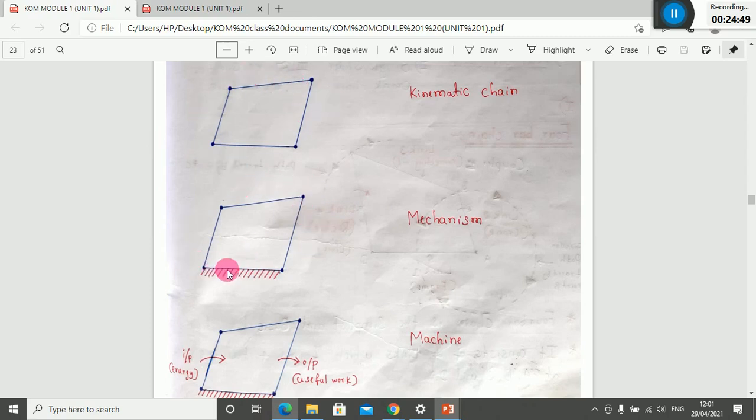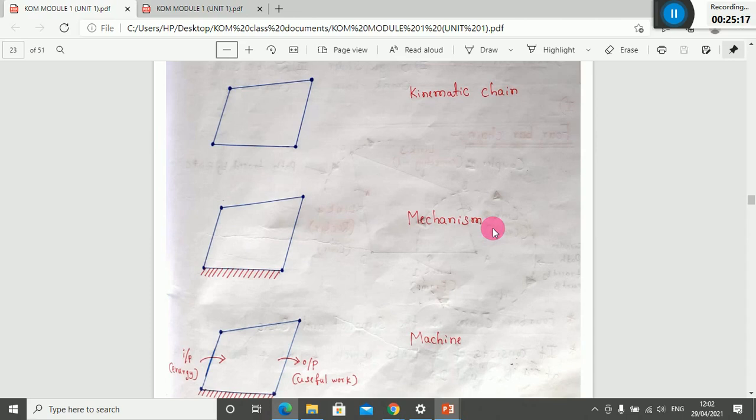Correct. When you form a group of kinematic pairs, it is called a kinematic chain, but no link is fixed. It is impossible to leave it as it is. If you want to transfer any force or energy from one point to another, any one link has to be fixed. Then only you can call it a mechanism.